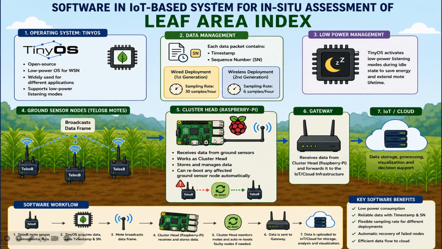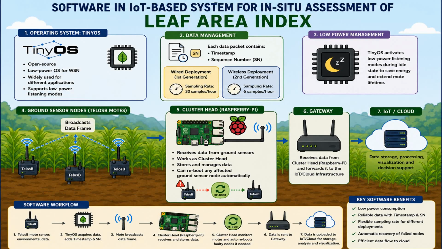After collecting the data, the Raspberry Pi forwards it to a gateway, which then transmits it to the IoT cloud infrastructure. The cloud platform stores, processes, analyzes and visualizes the data, and the farmers and the researchers can then access real-time information for crop monitoring, LAI estimation and decision making.